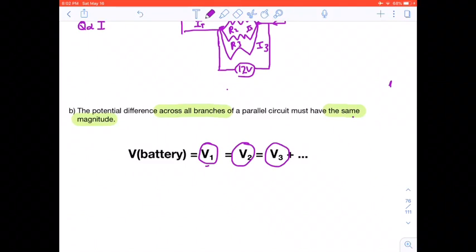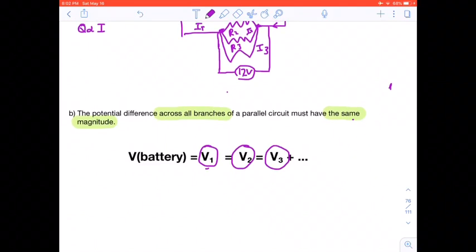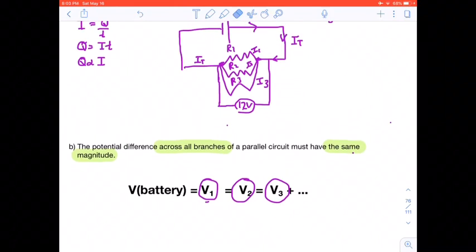So these voltages are all equal because in a parallel branch we find that the voltage is the same across all the resistors. Unlike a series circuit, right? There we found that the voltage of the battery is proportionately divided across resistors.